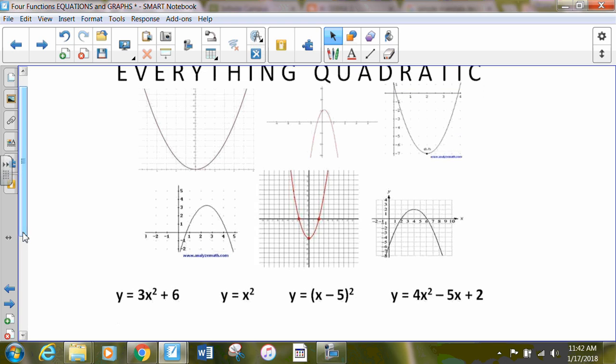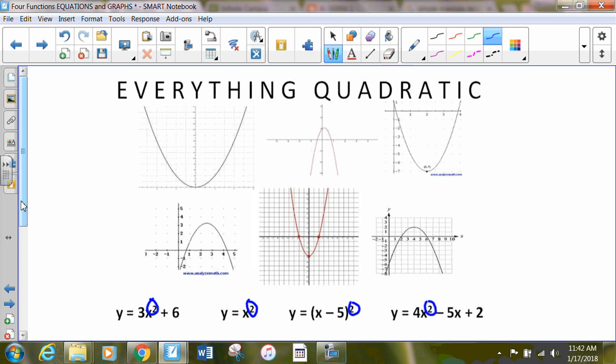Every single one of these equations has a 2 in the exponent spot, right? It's a square. Every one has a square in it, a 2 in the exponent spot. And so if you're going to be quadratic, then your equation is always going to have a square in it. It has to.